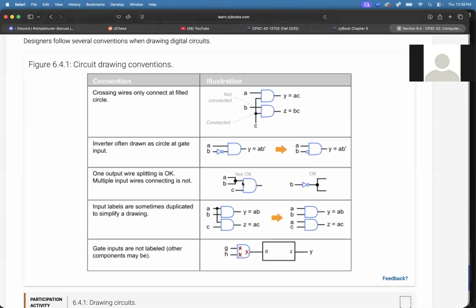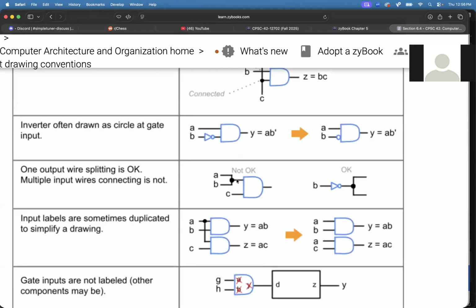This doesn't make sense. You can't hook an A and a B up to one wire without a gate, right? A and B hooked up to the same wire is not a thing. We've never seen this. That doesn't correspond to an equation or anything. But you can split a wire. And in fact, in the exercise we did at the end of the last section, we had a B and a not B, and that involved splitting a wire, right?